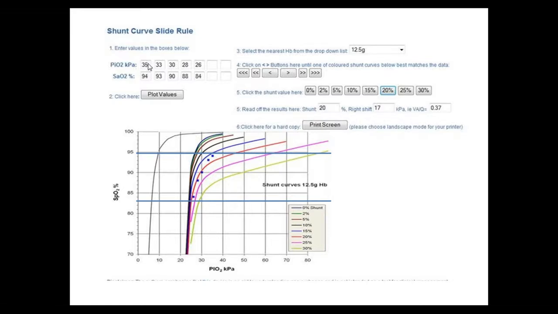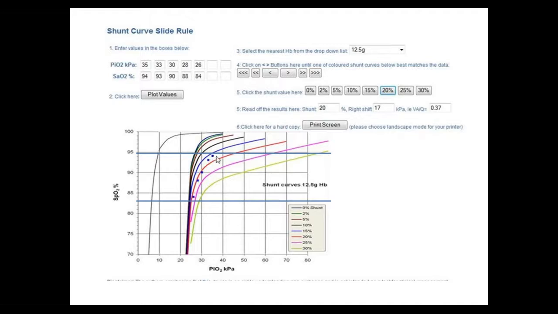We applied oxygen reduction in this infant from 35 to 33, 2% stepwise, down to 26, and we recorded the saturation at the same time with each step. It should be stepwise, with a minimum of 5 minutes between each step.